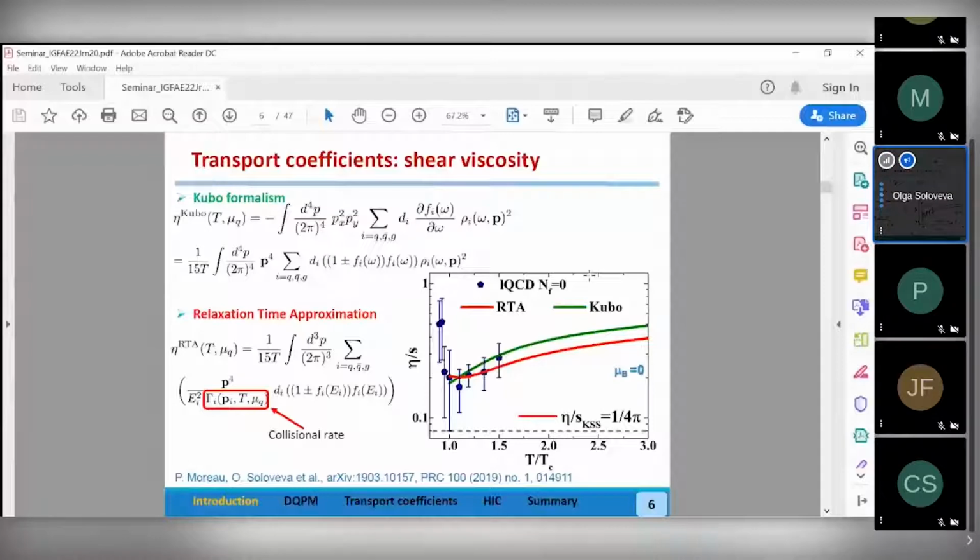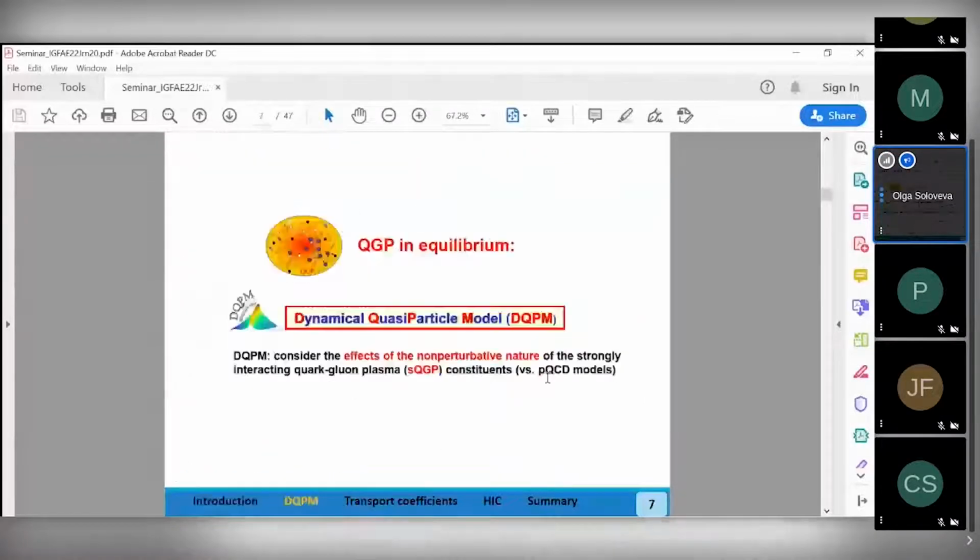So firstly, let's consider QGP in equilibrium, and we will discuss the dynamical quasi-particle model, which we are using. This model accounts for the non-perturbative nature of QGP in terms of interacting quasi-particles with Lorentzian spectral functions, where you can construct your propagator and self-energy using the thermal masses and interaction widths.